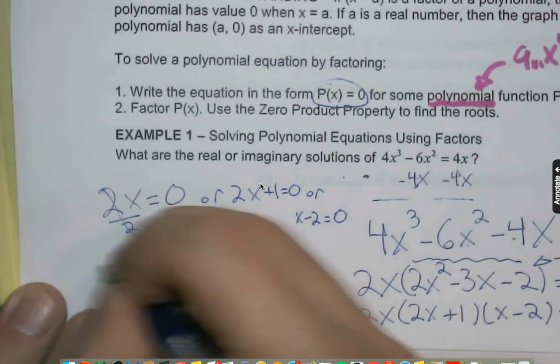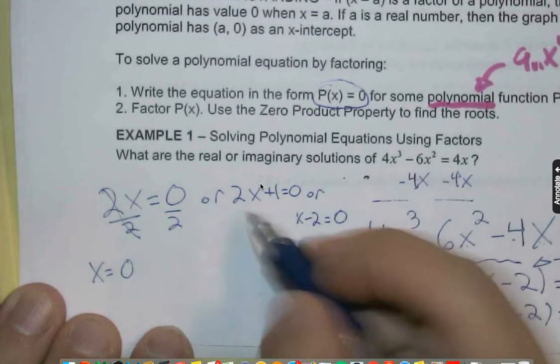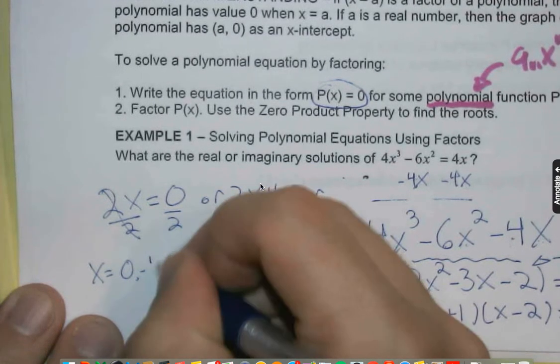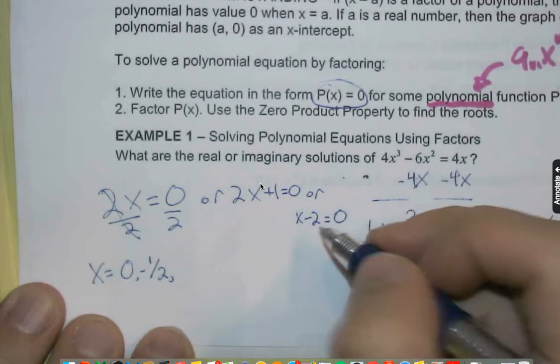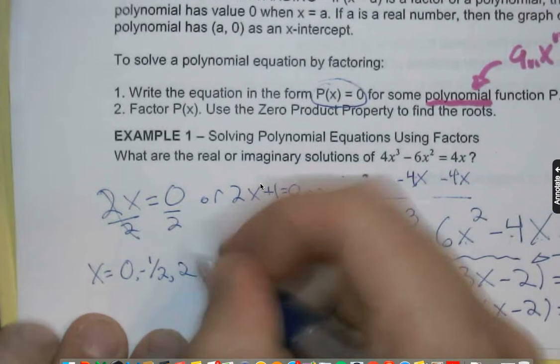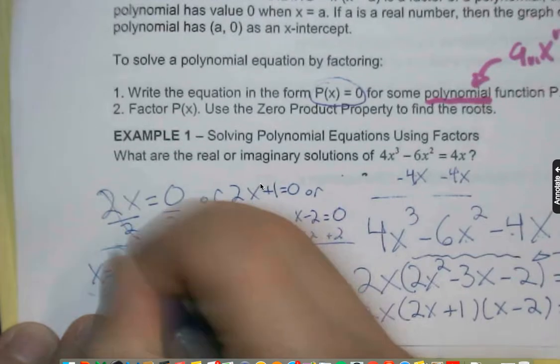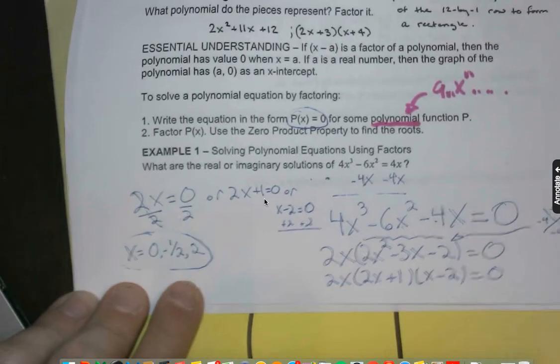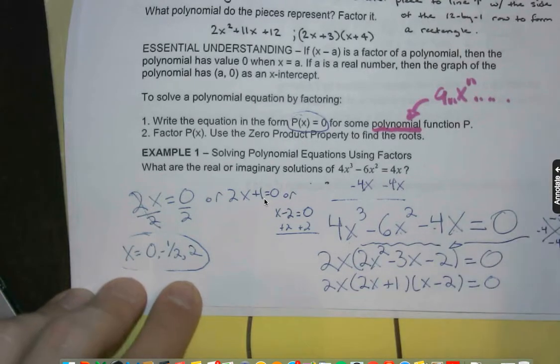This claims that x equals 0. If you solve for x here, x is going to be equal to negative 1/2. If you solve here by adding 2 to both sides, x equals 2. So as you can see here, we have 3 answers. A little crazy, but takes a little bit of time.